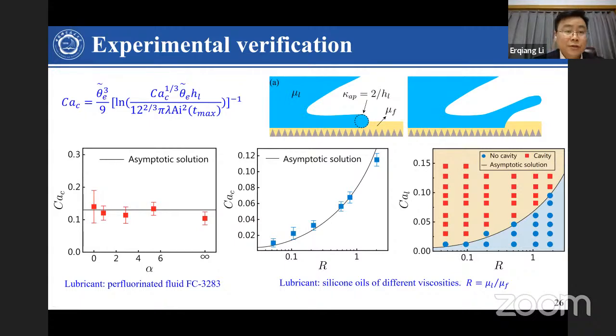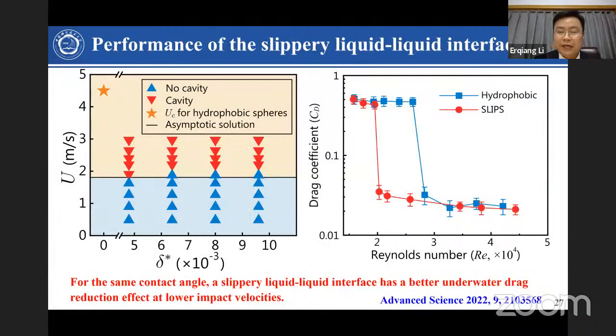Okay, so now let's go back to the first question. If we use this slippery liquid-liquid interface, does it help to produce a cavity? The answer is yes. In this figure, the X value is the non-dimensional thickness of the lubricating film. Of course, if it is 0, that means you use the hydrophobic dry solid surface for the water entry problem.